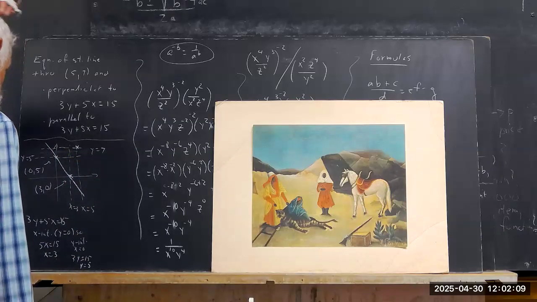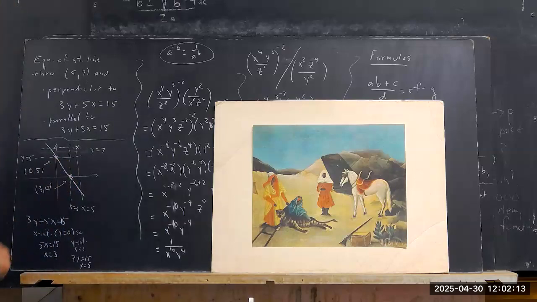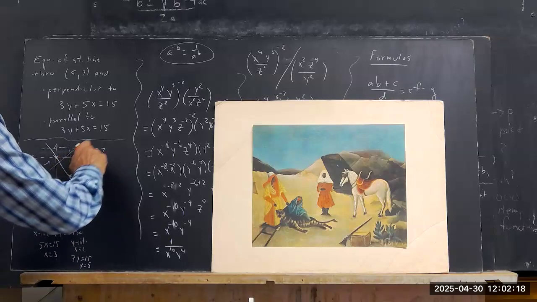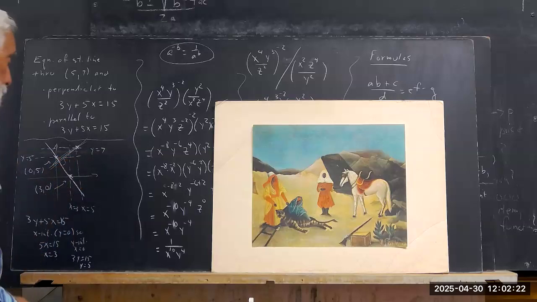Here's the line. Now a line perpendicular to this one through this point is going to look like this. It's going to be a right angle.